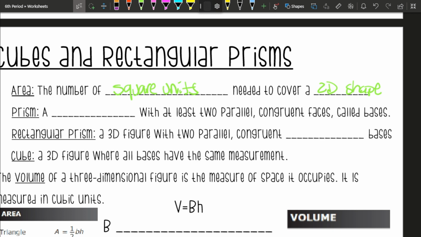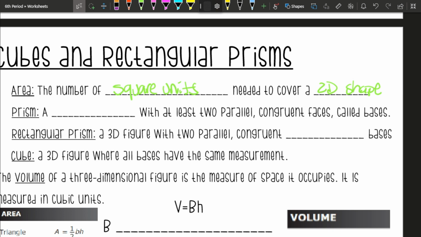That's how you find the area. It's flat. It's a two-dimensional shape. So the units are squared. So if these are inches, it'll be inches squared. Correct?